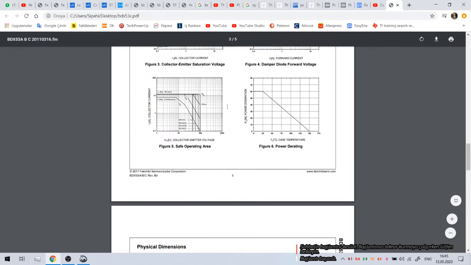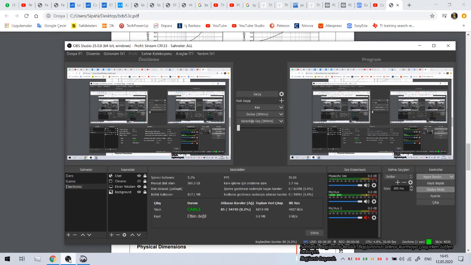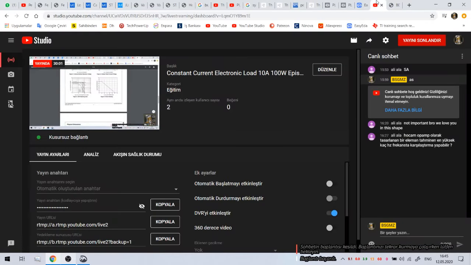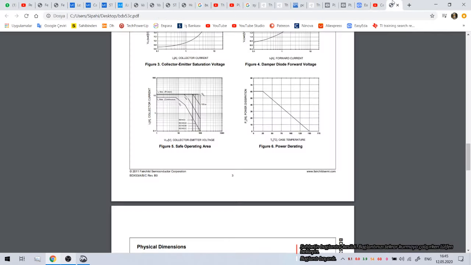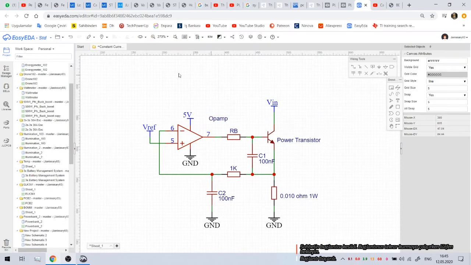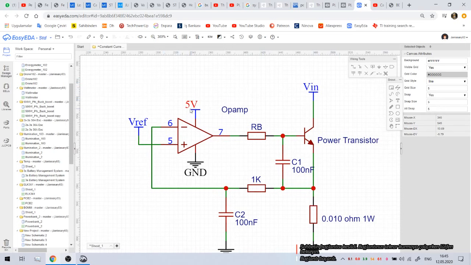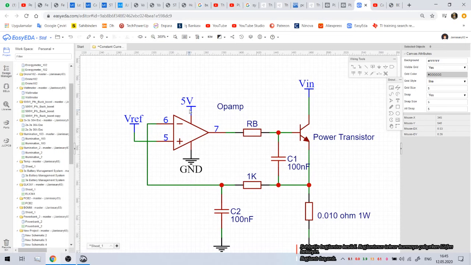I also need a 5-volt rail, because if we don't use a stable 5-volt here, or maybe if we use the V-in terminal here, we cannot use these power transistors below 3 volts, 2 volts.